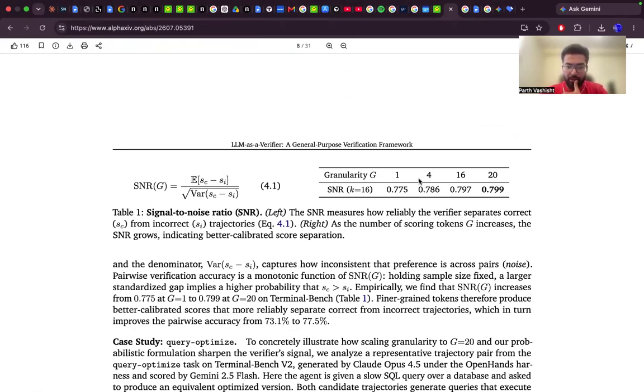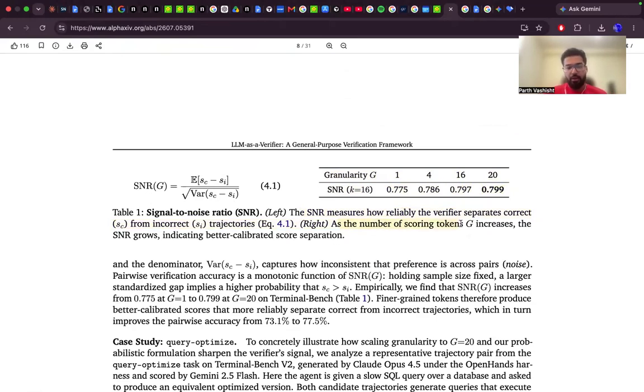Okay, granularity increases. I think this is for the terminal bench task. And what's SNR? Oh, it's the signal to noise ratio. So as we increase the tokens, the signal to noise ratio increases. Interesting. The SNR measures how reliably the verifier separates correct S_C from incorrect S_I trajectories.